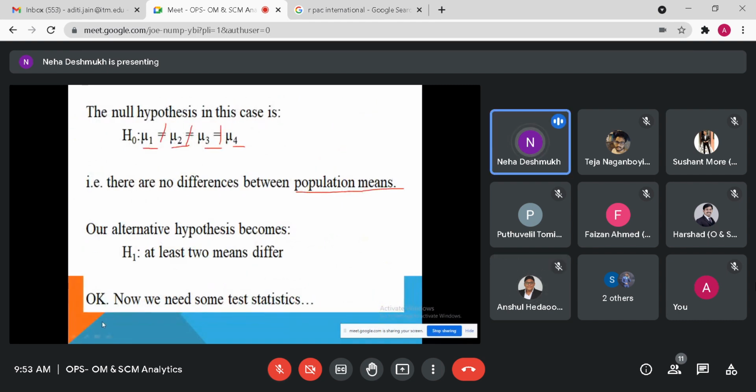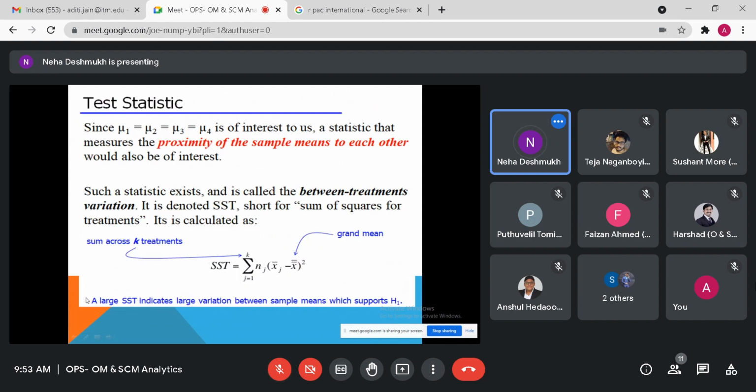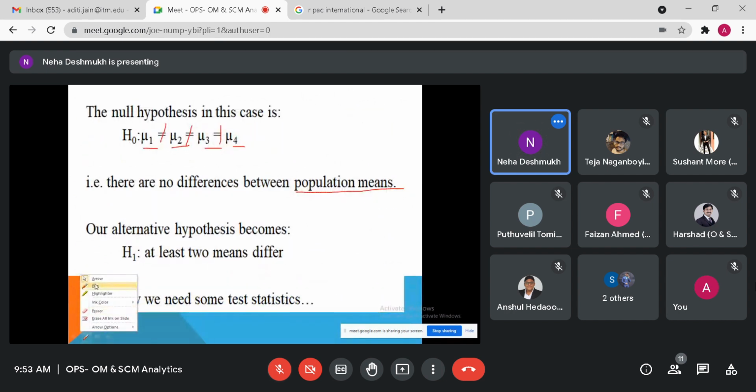Now my question is, why do we consider here at least two differences? Why these two here? Tell me.